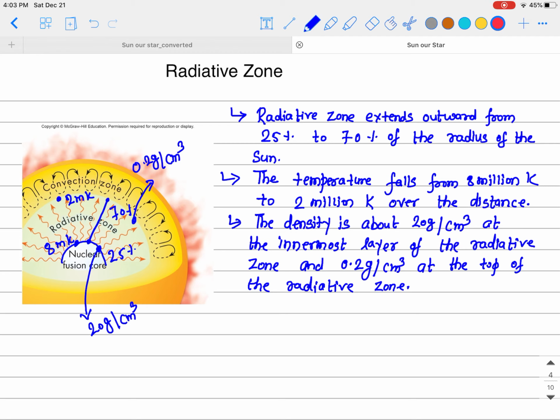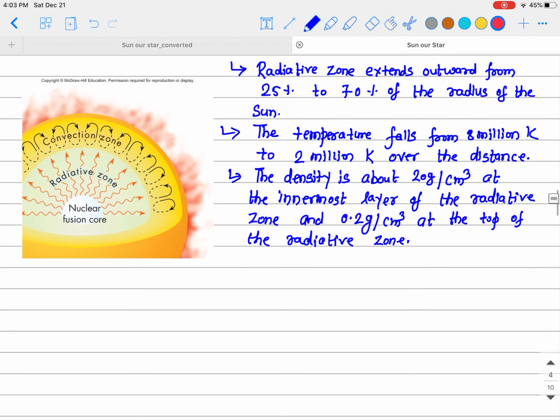Now we'll talk about how the energy is carried out in the radiative zone. If you look at the radiative zone, it is quite dense. It is about 20 gram per cubic centimeter.